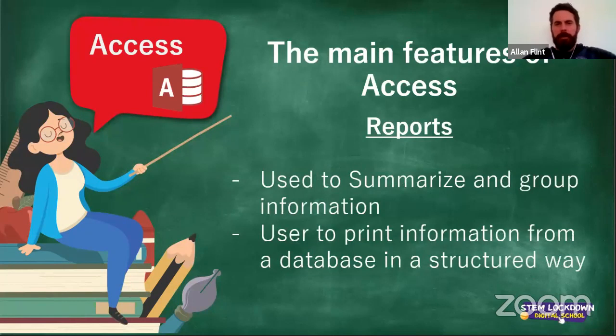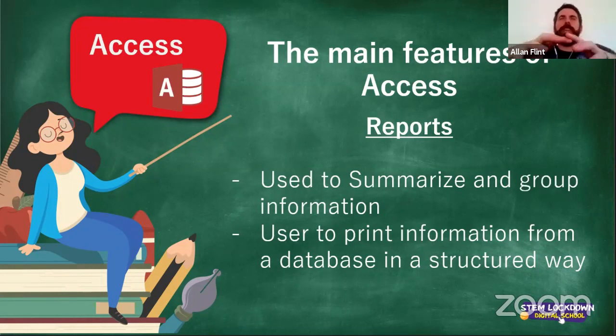Okay, the main features of Access, the fourth one is a report. And a report is used to summarize and group information. The user is able to then print this information from a database in a structured way.